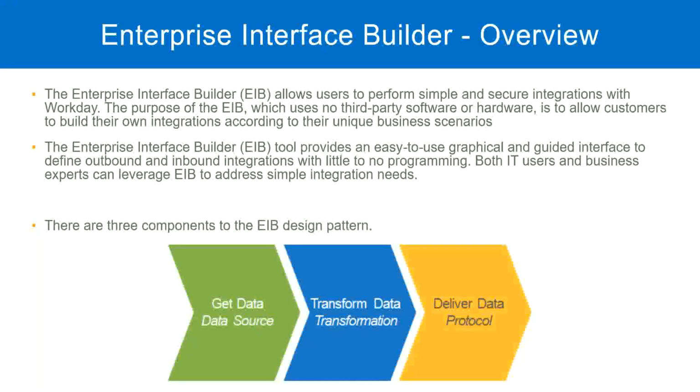That is something we have to configure. Do we need transformation? If yes, configure that. If no, leave it blank. And then deliver the data. How are we going to send the data to an external system? So we have to configure that as well. So once we do these 3 steps, our EIB is ready. We are going to start exchanging information from Workday with an external system.